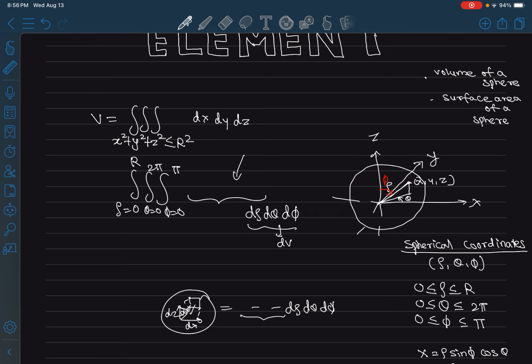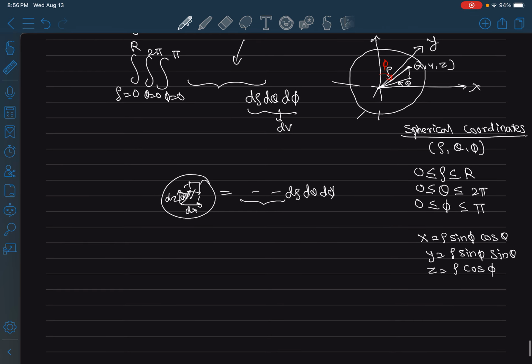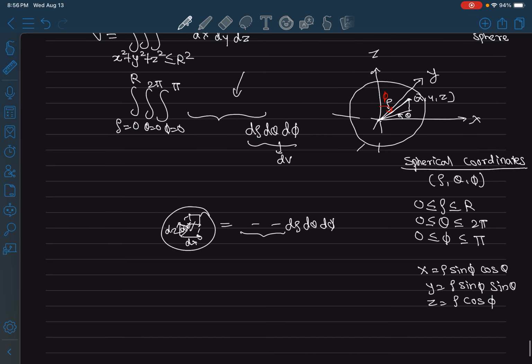So how will you do that? That's the question, right? How you can do that is, you can first try to find out, when you make a small change in rho, how will all these x, y, z coordinates change? Let me show you how you find this out.